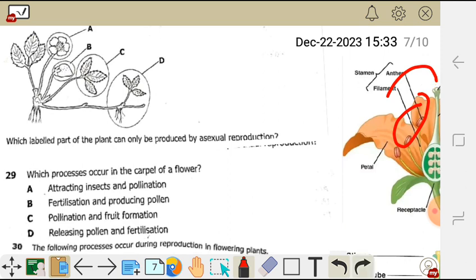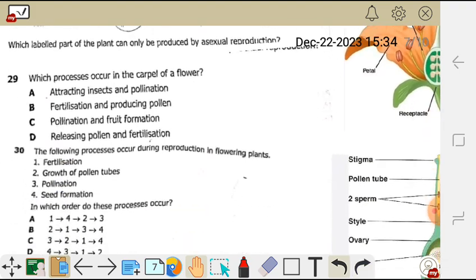The female part does not produce pollen. So the correct answer here is pollination and the formation of fruit. Then a tube is formed. So the answer to question 29 is C. We move on to question 30.